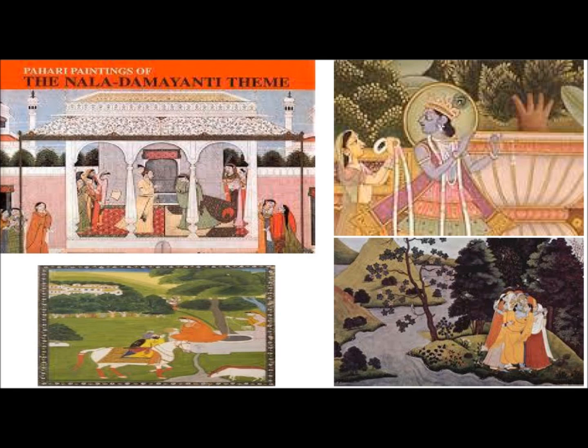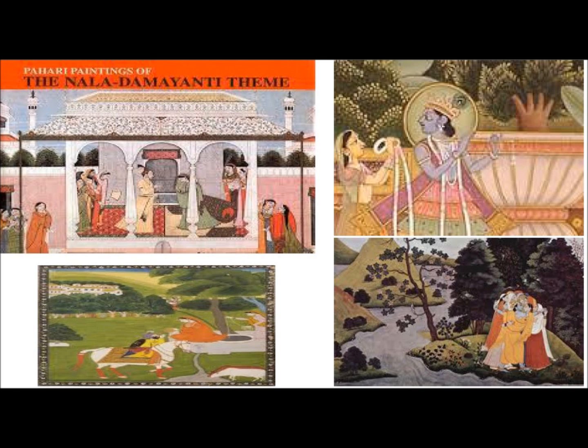Here I'm trying to give you a very brief note on Pahari painting. What is Pahari painting? Pahari painting is the kind of painting which originated in the northwestern parts of the country, especially in hilly areas.